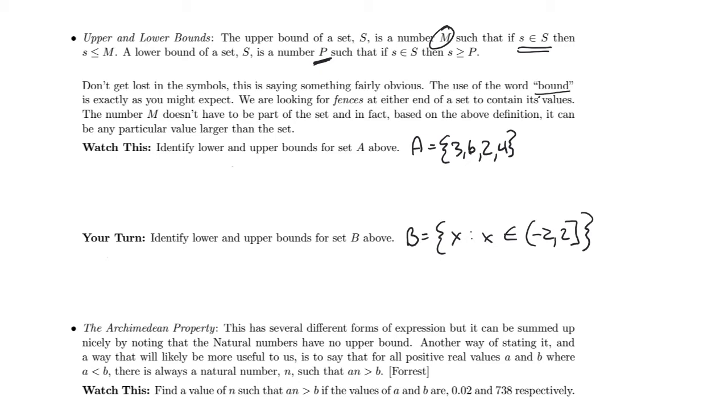The word bound is being used as you might expect it. It's a boundary. In fact, that might even be a better way of putting it. It's like a fence at either end of the set. The number m doesn't even have to be part of the set, and in fact, based on the above definition, it can be any larger value than that set.